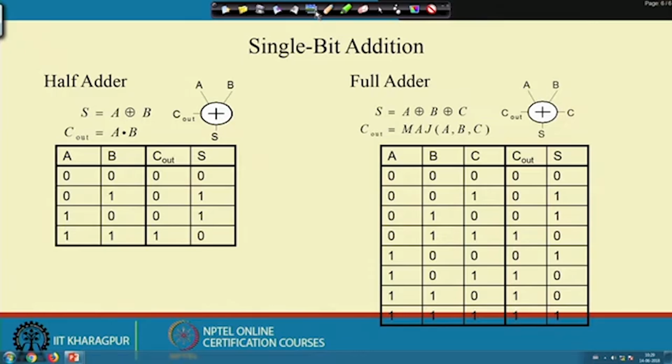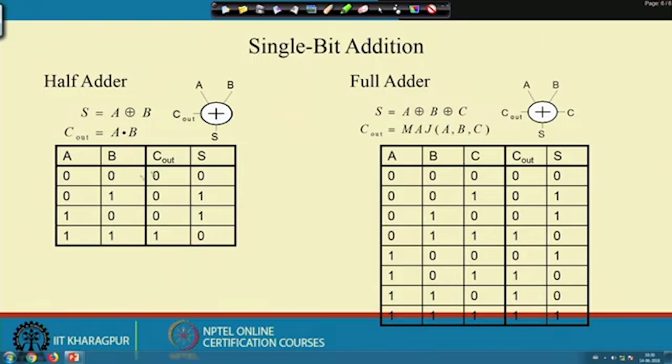A full adder circuit means that apart from the A and B inputs, I have another input, C in, the carry in bit to the addition operation. In this table I have A and B along with the carry in bit.